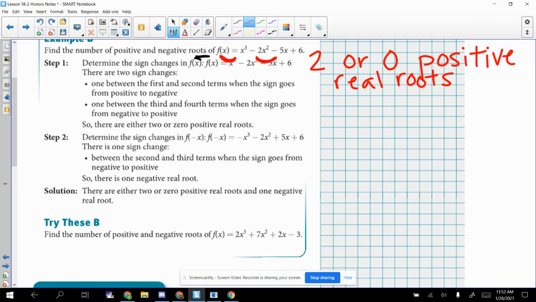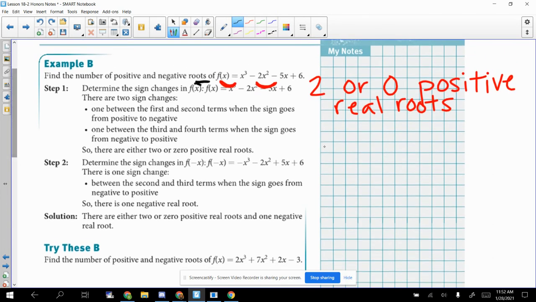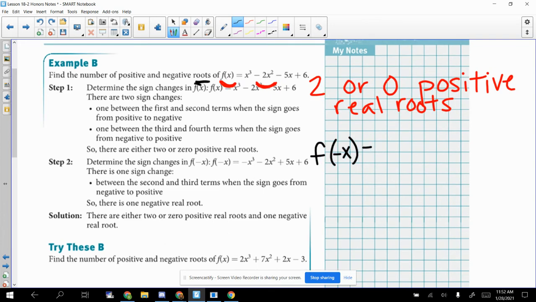Okay, and you have to change up your polynomial a little bit. So now you're doing f of negative x. Okay, so basically what that means is f of negative x. You are plugging in negative x for all of your x values in the original polynomial.